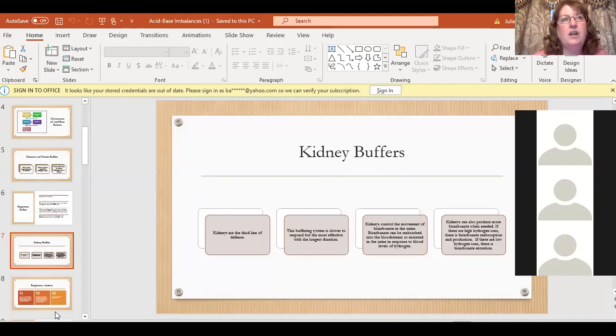That means anytime you see someone on a test question that's in acidosis, they're also going to have a high potassium. So any type of acidosis, whether it's respiratory or metabolic, they're always going to have high potassium associated with that. And then the opposite is true with alkalosis. Anytime you see alkalosis, whether it's metabolic or respiratory, you're going to have low potassium, so hypokalemia.